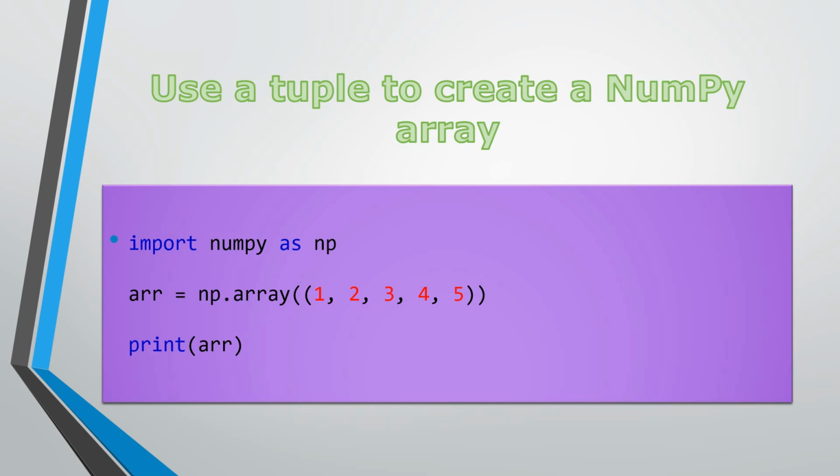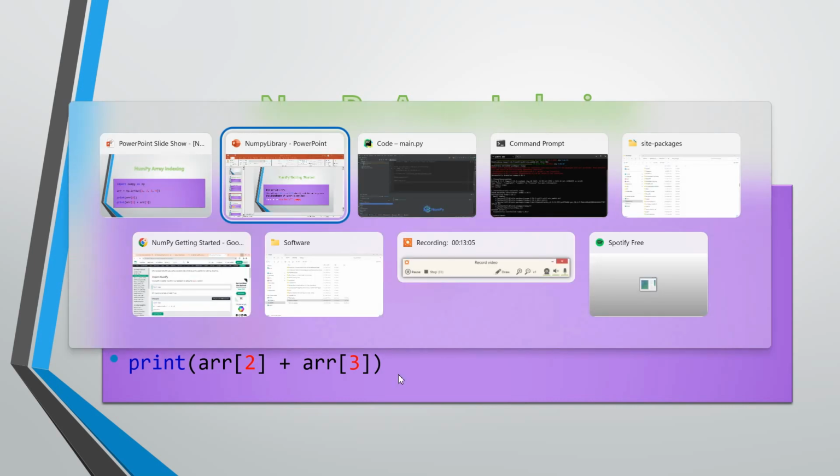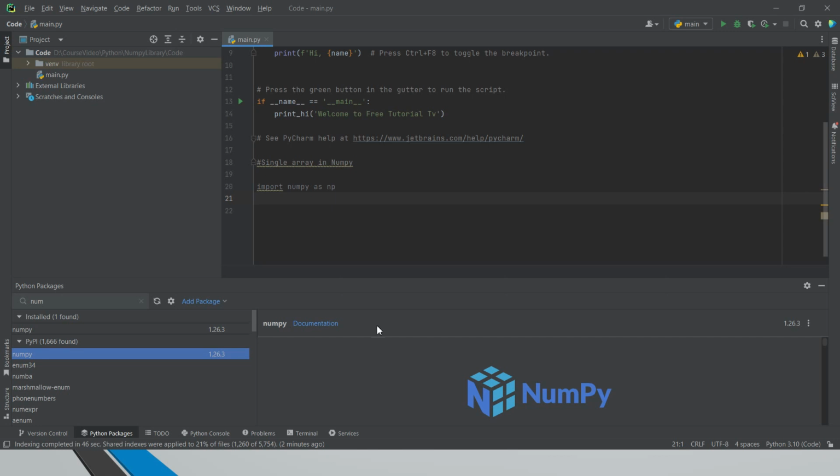That's how you define an array. And if you want to do any additions or indexing, like accessing by index, you can do it by giving the index number. Let's see some of these examples in our code here.